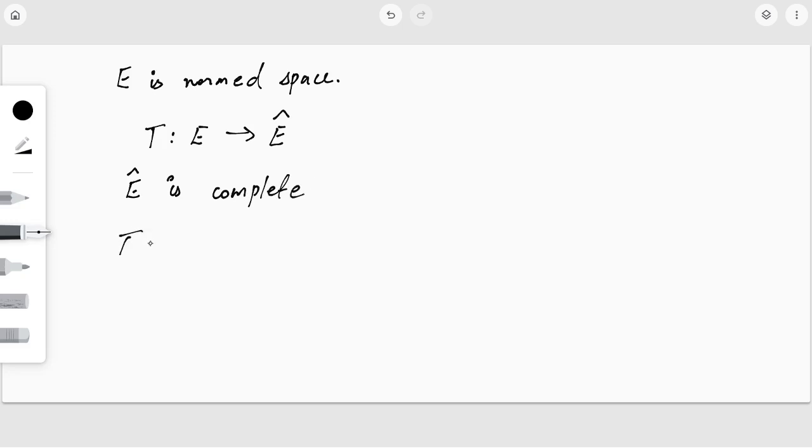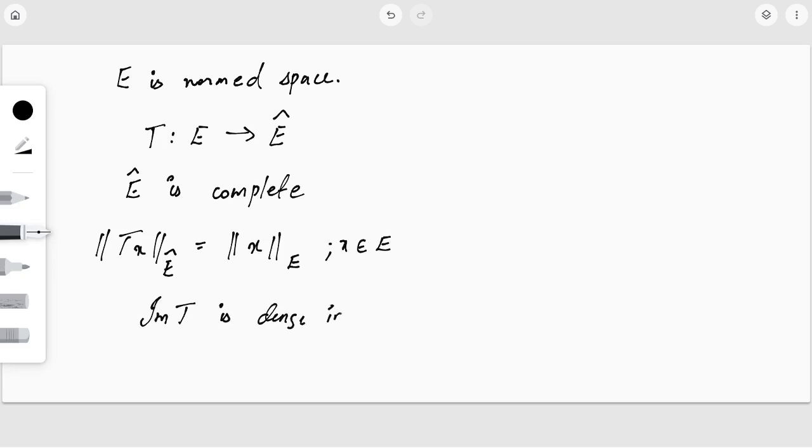Also, norm of Tx in E cap should be equal to norm of x in E, where x belongs to E, and the image of T is dense in E cap. So these are the things that we have to show.